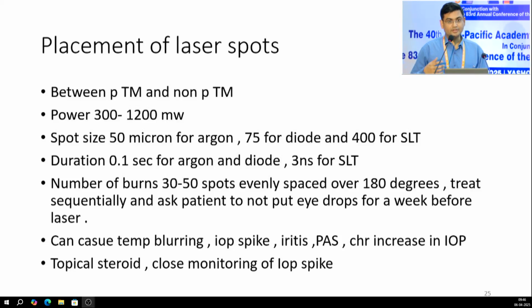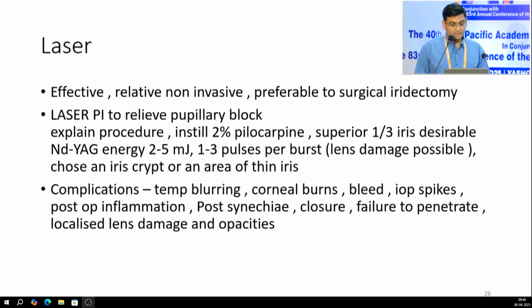So I will recommend that you give around half of the 360 degrees at once. Don't give the full 360 degrees in one sitting. It can cause temporary blurring, IOP spike, and some pain can be there, or it can also lead to chronic increase in IOP. It is effective, relatively non-invasive, preferable to surgical iridectomy.